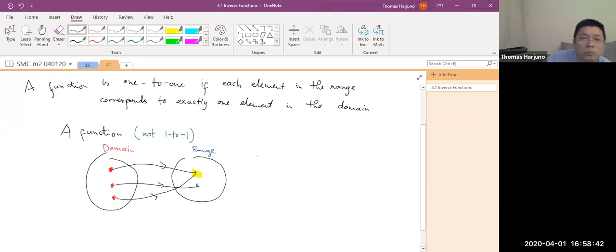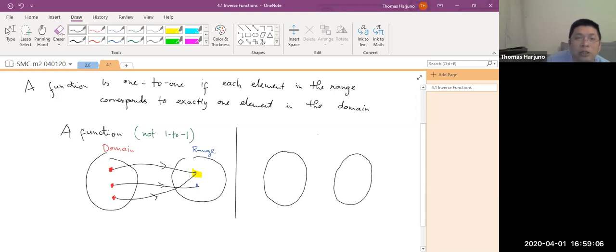A function is one-to-one if each element in the domain corresponds to one element in the range, and vice versa, each element in the range corresponds to one element in the domain.